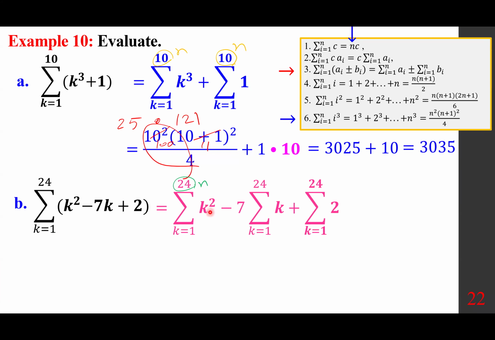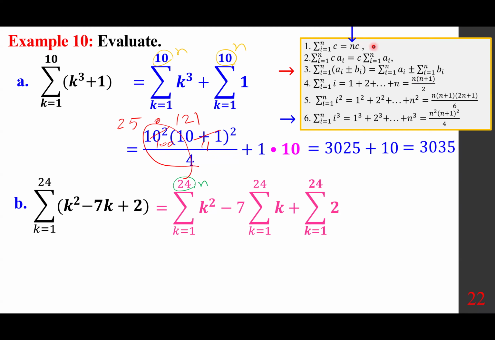So this one, k squared, is the same as i squared. We've used that before. So n is 24. So 24 times 24 plus 1 times 2 times 24 plus 1 divided by 6. That's this part. Minus 7, summation of k, we're going to use summation of i, n, which is 24, times 24 plus 1 divided by 2. Of course, we have a negative 7 in front.